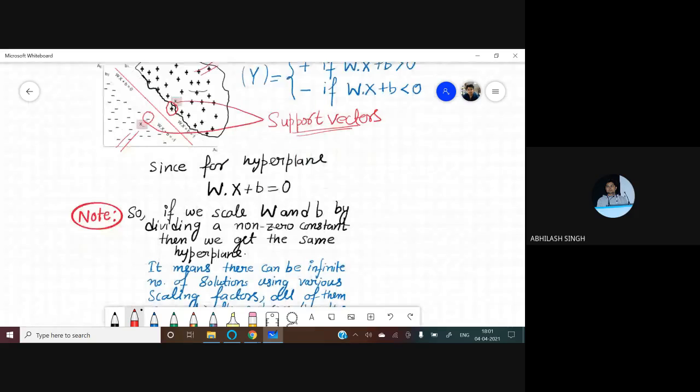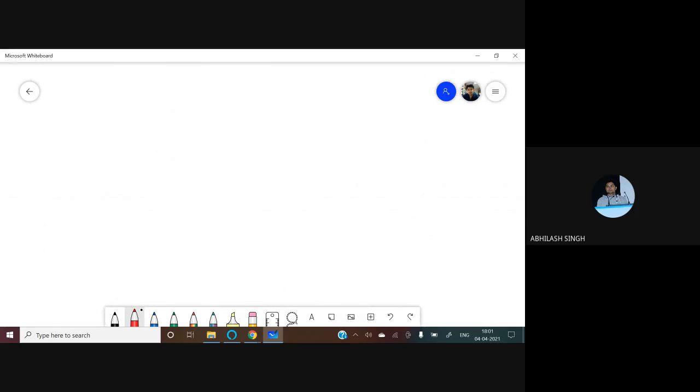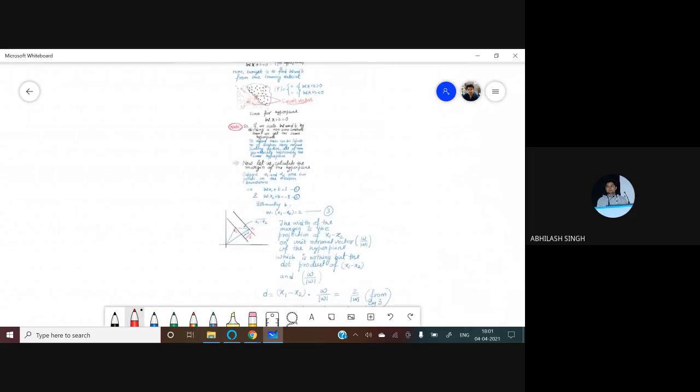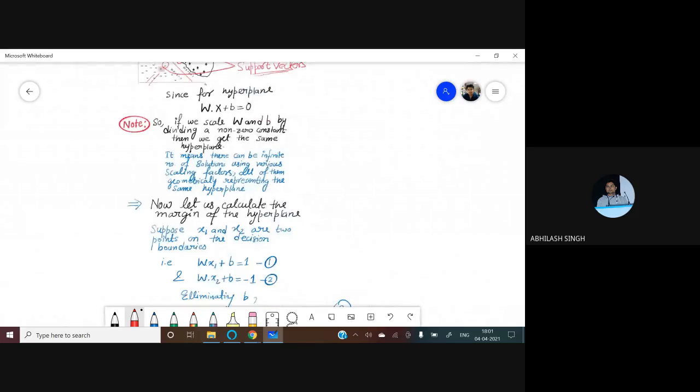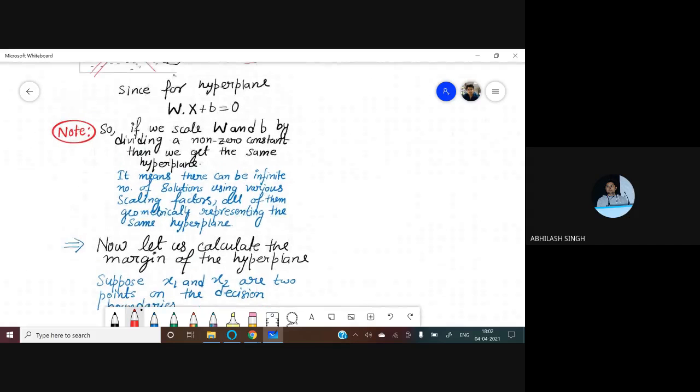One more important point that I want to highlight: in class 6 or 7 we have gone through these equations.